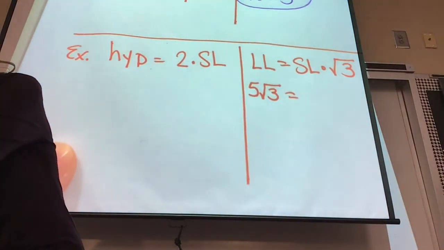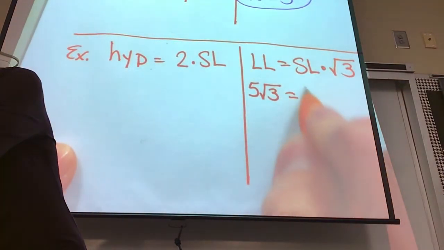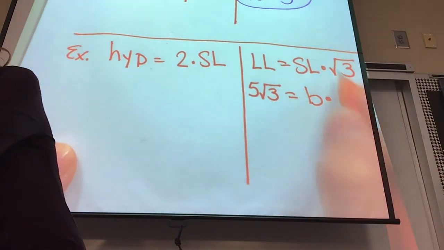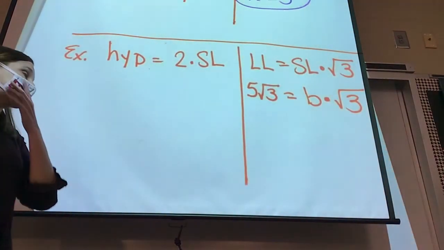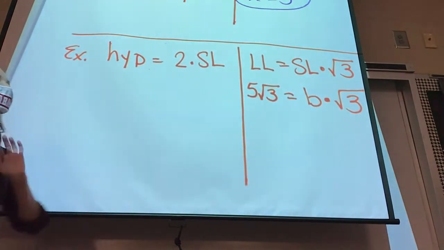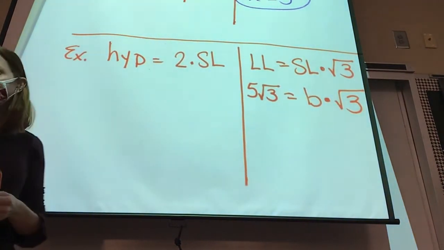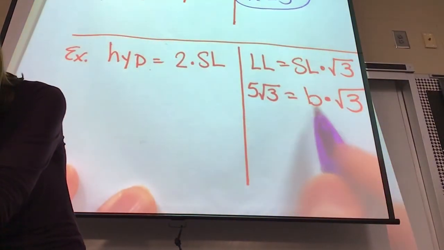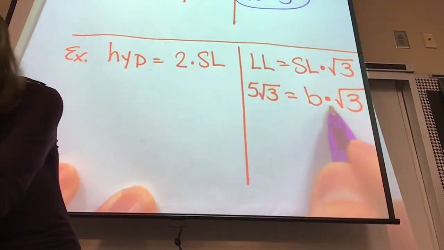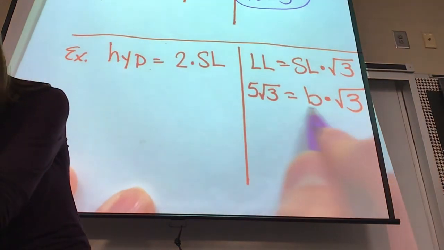Short leg is now labeled what? B. And of course my square root of 3 stays. So one more time, if I can't multiply, I divide. So I can't multiply these two, B and the square root of 3.